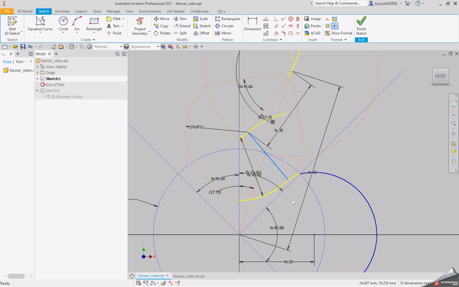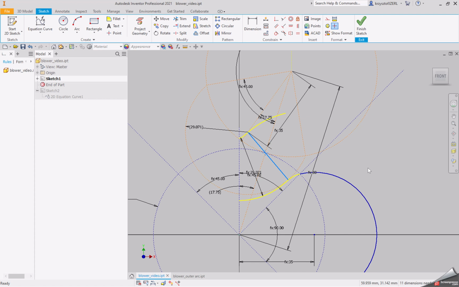And if for some reason we need the equation for this curve, we have to use another approach.